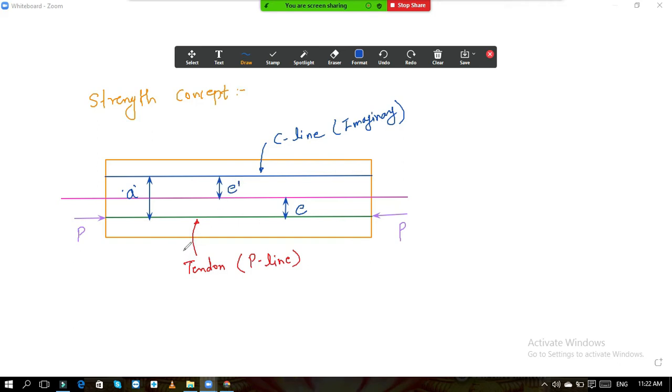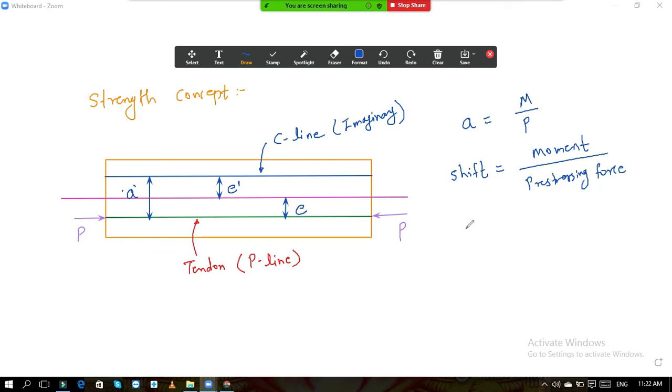The shift is calculated as a equals M upon P, where a is the shift, M is the moment, and P is the prestressing force.